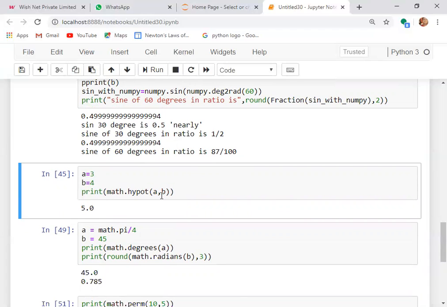Okay. Now in the math module, we can also easily find the hypotenuse of any right angle triangle.